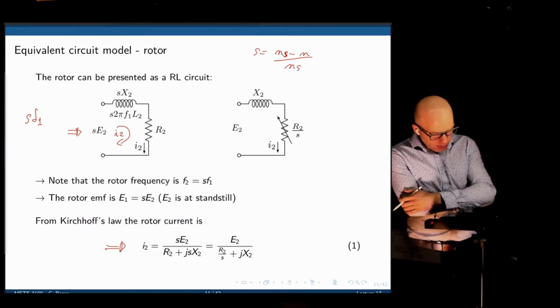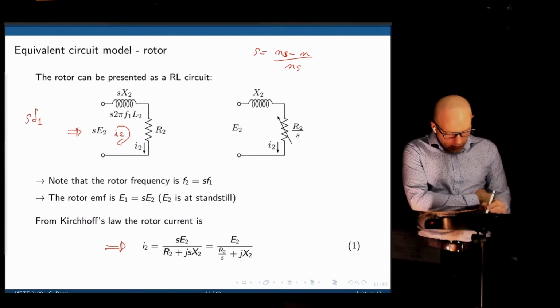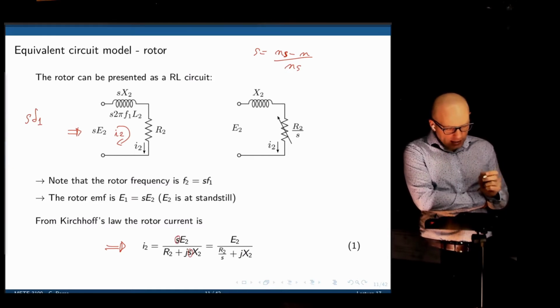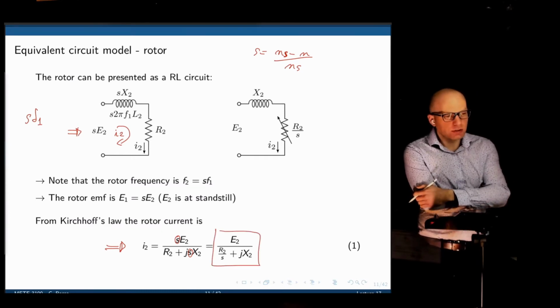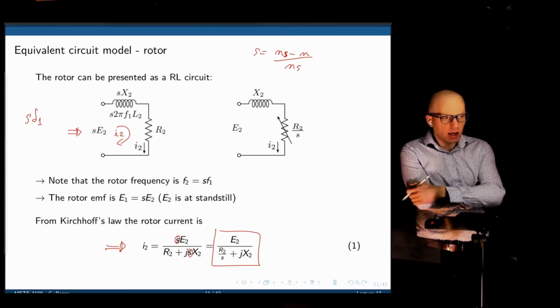E2 times S divided by the resistance plus the reactance. And if you notice here, we have S here and S there. We can divide the whole expression by S, and this is what we see: E2 divided by R2 over S plus jX2.